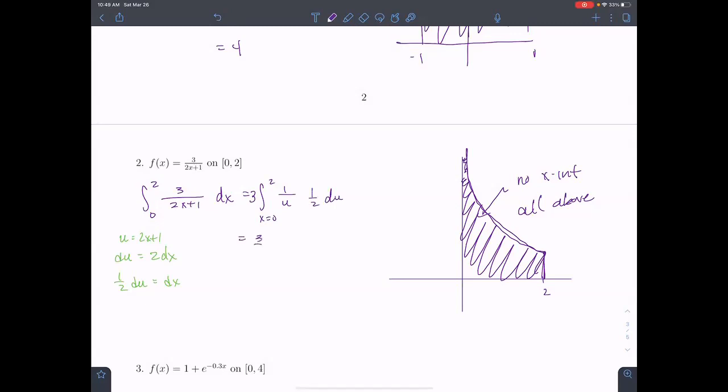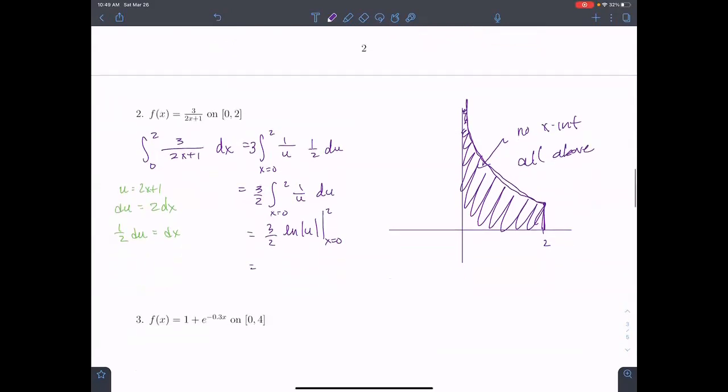So then we have 3/2 times the integral from x equals 0 to 2 of 1 over u du. That's the ln of the absolute value of u from x equals 0 to 2 times 3/2.